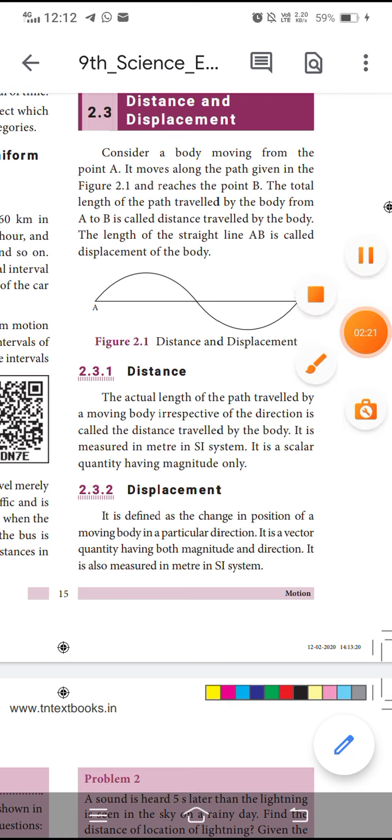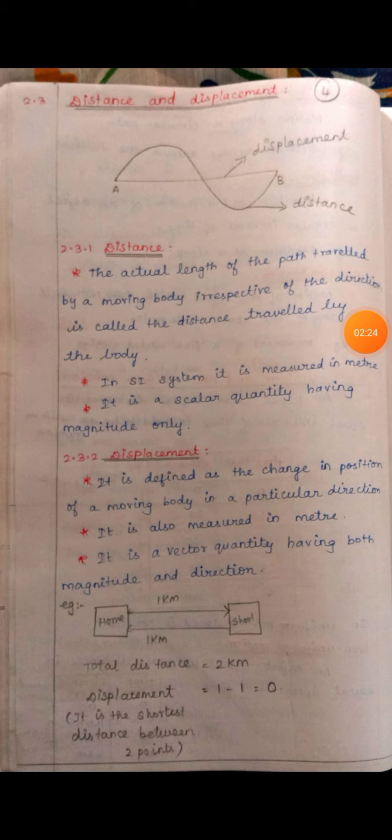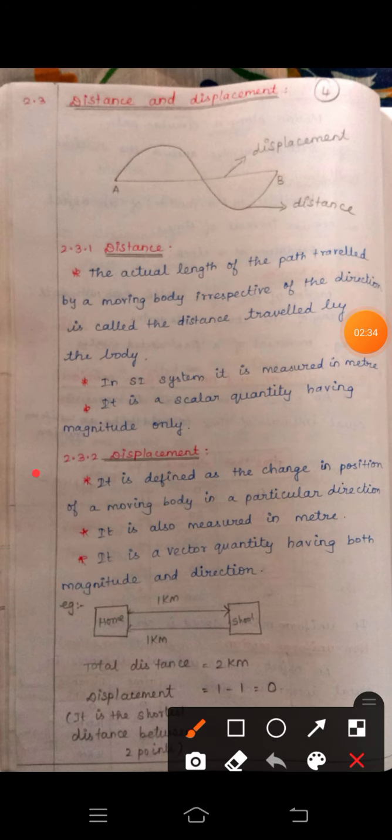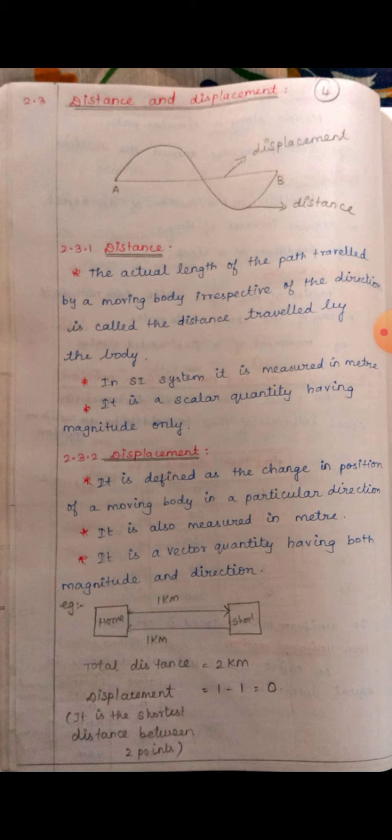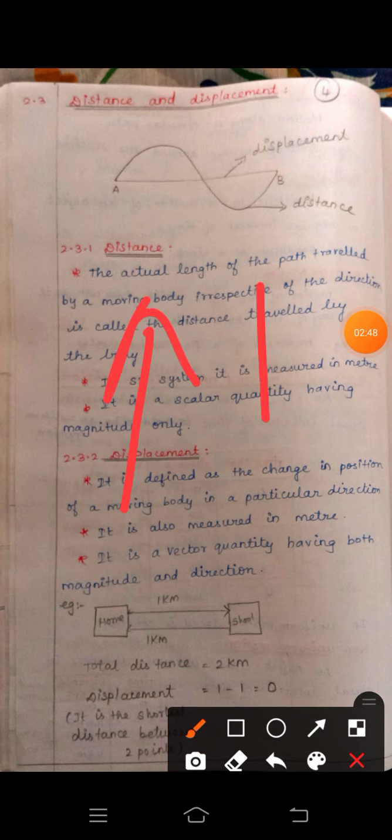Now see here, for example, from home to school we are moving 1 kilometer. Then from school to home we are moving 1 kilometer. While going from home to school we are moving in this direction, and while coming from school to home we are coming in this direction. So the total distance is 2 kilometer, but one is in this direction and the other is in this direction.